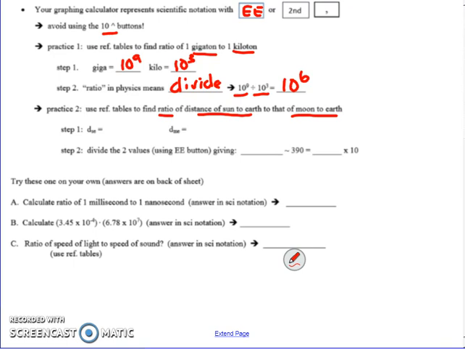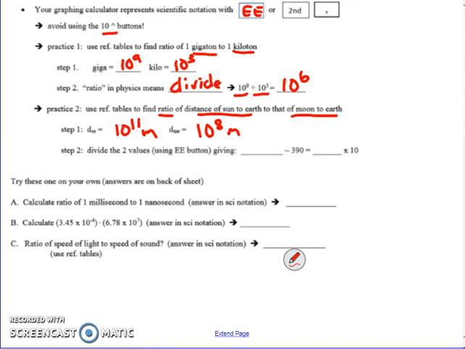Looking at the reference tables, I see it's about 10 to the 11th meters away. Okay, 1 followed by 11 zeros, so 100 billion meters away. On the other hand, the moon is much closer, and that's roughly 10 to the 8th meters. Okay, so 100 million. So now we're going to divide the two values using our EE button.